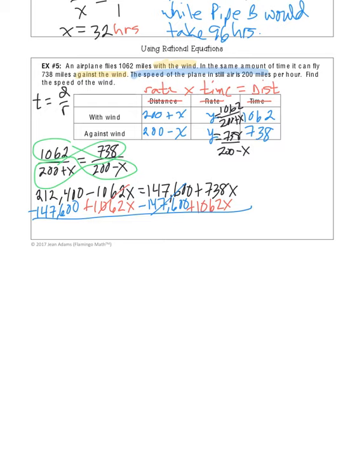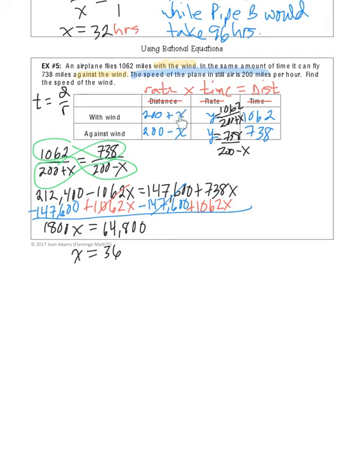So the 1062 plus 738 is 1800. So I've got 1800x is equal to, and then 212,400 minus 147,600 is equal to 64,800, and then we're going to divide both sides by 1800, and we get 36.